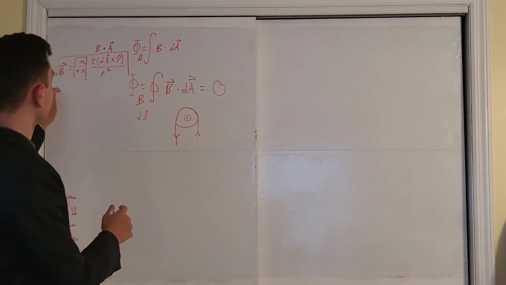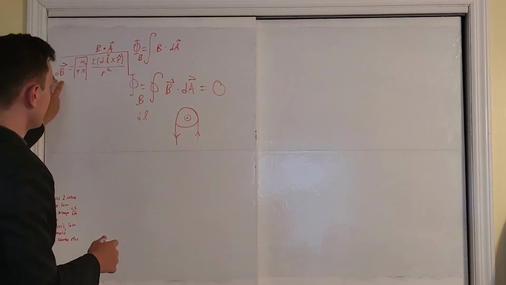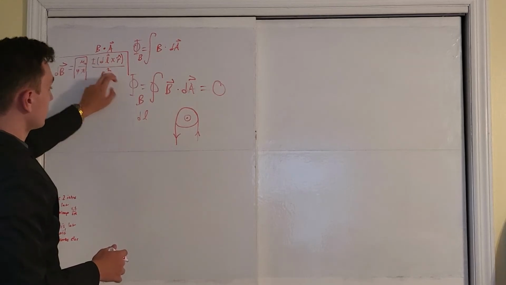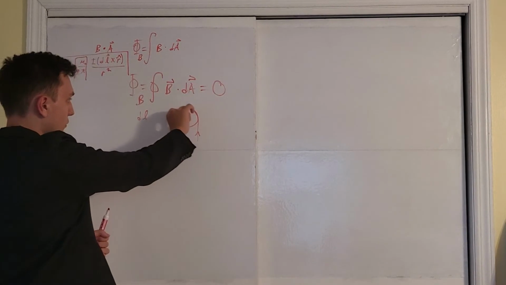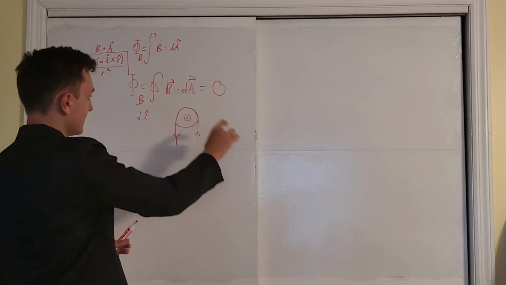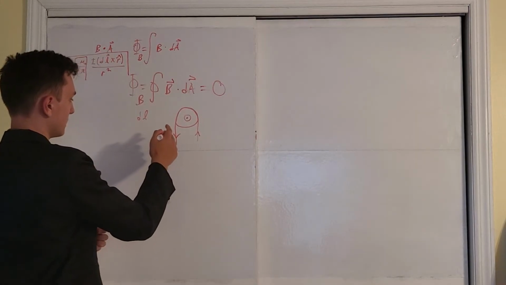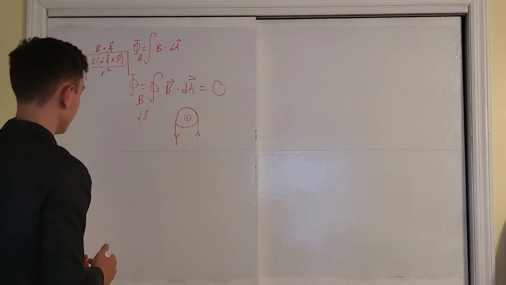This is saying that the intensity of the slice of the magnetic field is related to the contribution from a small slice of the wire, okay? So each small slice of the wire contributes some magnetic field. So we're integrating over the length of the wire to sum up all of the contributions from all the little slices of the wire, okay?